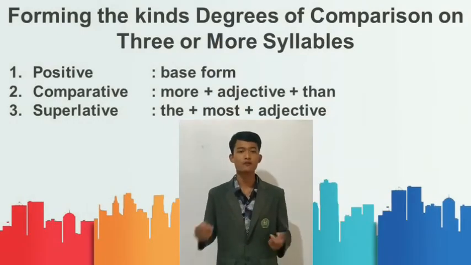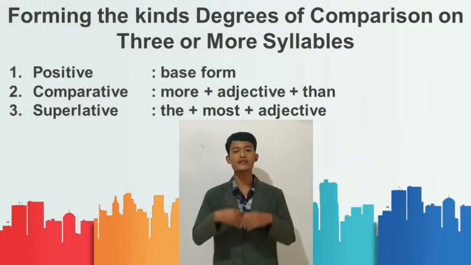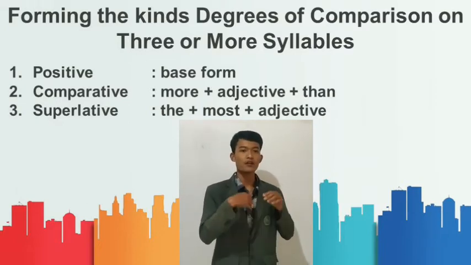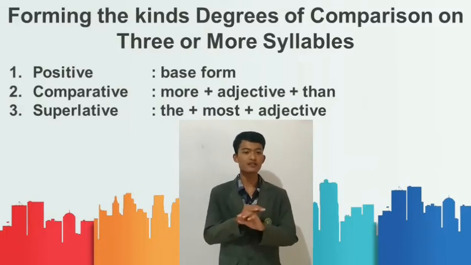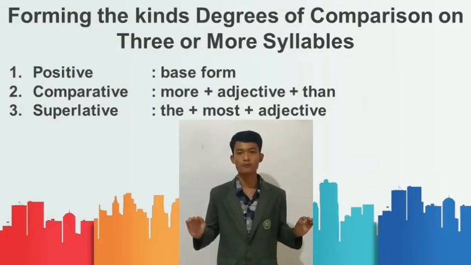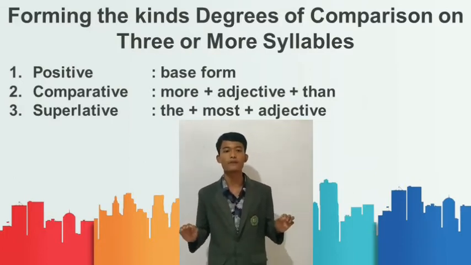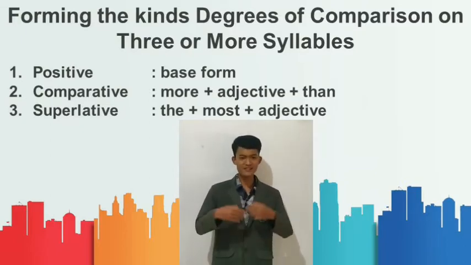And then next, three or more syllables. In three or more syllables, first, the positive form is the same as for one and two syllables, and there's nothing changed in this form. In adjectives, like handsome, it's the same.